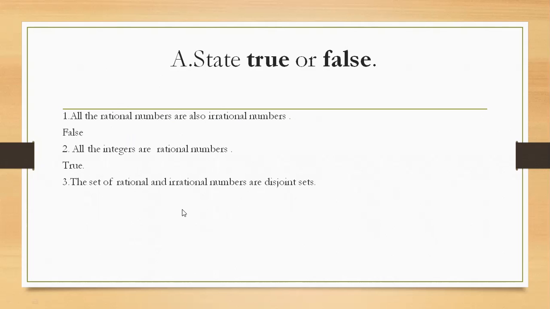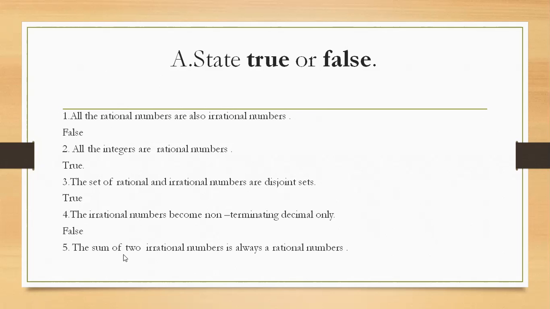That's why they are disjoint. True. Irrational numbers become non-terminating decimals only. It's false. Sometimes it will be non-terminating recurring also.